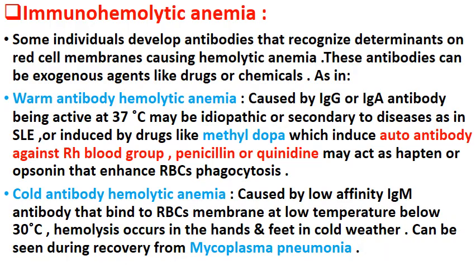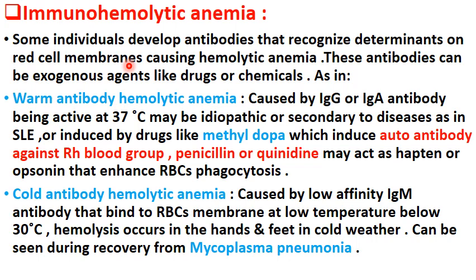We are coming to the other type of anemia, which is immune hemolytic anemia. What is the meaning of immune hemolytic anemia? Basically, some individuals develop antibodies against the red blood cell membrane that lead to hemolysis. These antibodies might be exogenous, might be drug.